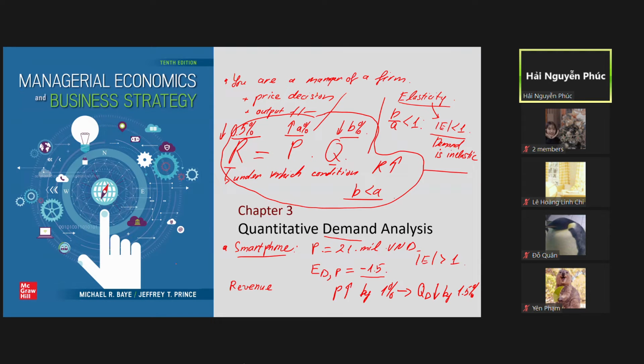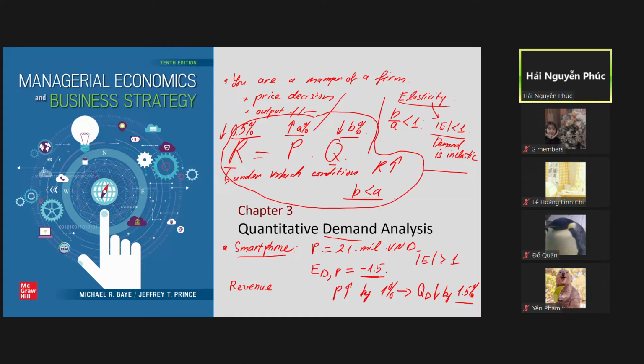Okay, right. So let's go back to our question. I have already told you the meaning of the price elasticity of demand equal minus 1.5. It tells us that if the price increases by 1%, then the quantity demanded will decrease by 1.5%. Then the revenue will decrease by 0.5%, right?